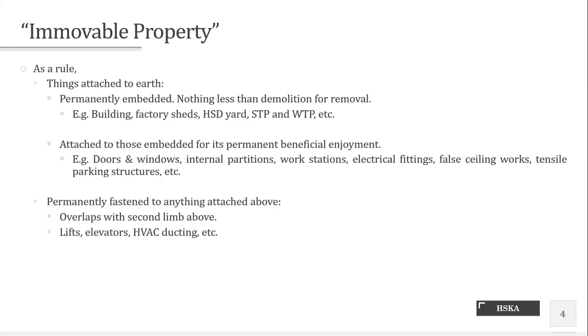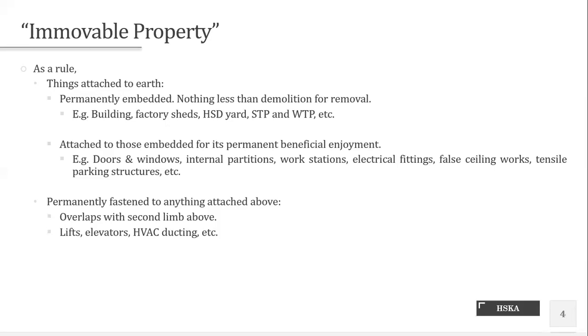The last is what is permanently fastened to anything attached to the above. I feel this is an overlap with the second limb covered above. Anyway, since this is covered specifically in the definition of immovable property in the General Clauses Act, I thought I would include it here. What could be the examples that fall under this category? I could think of lifts, elevators, or HVAC ducting.